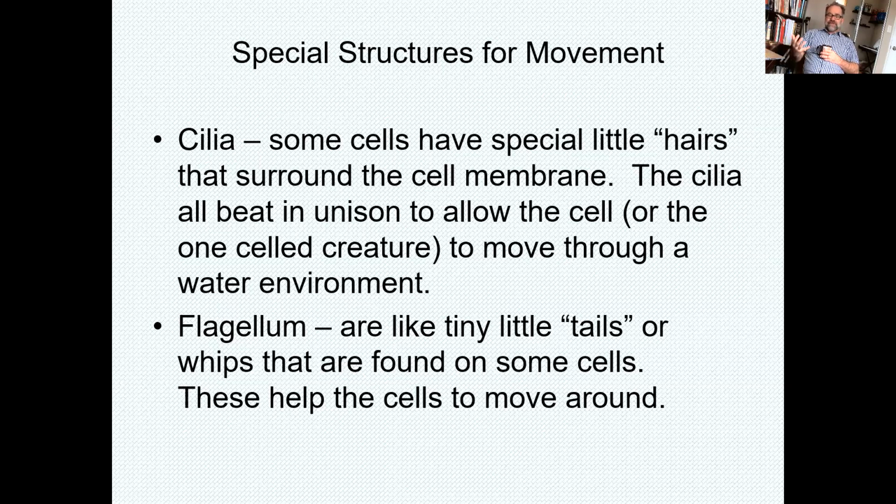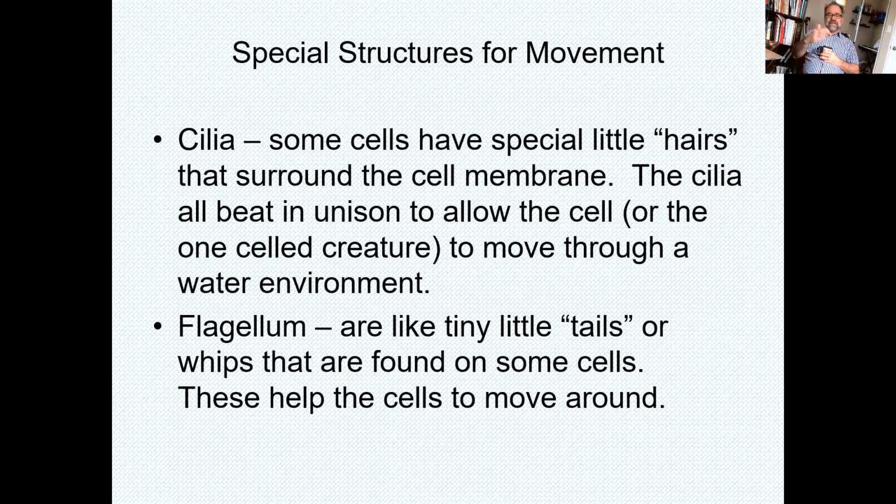Now, these structures are important because they're used for single-celled organisms, living things that are only one cell big, or what we call unicellular. They are used for movement. The other thing that they're used for is food acquisition. So cilia are tiny little hairs. So around the cell membrane of a cell, certain cells and certain unicellular organisms will have cilia, tiny little hairs.